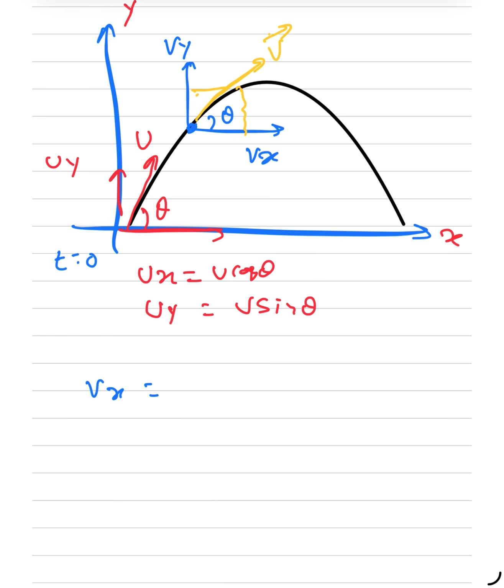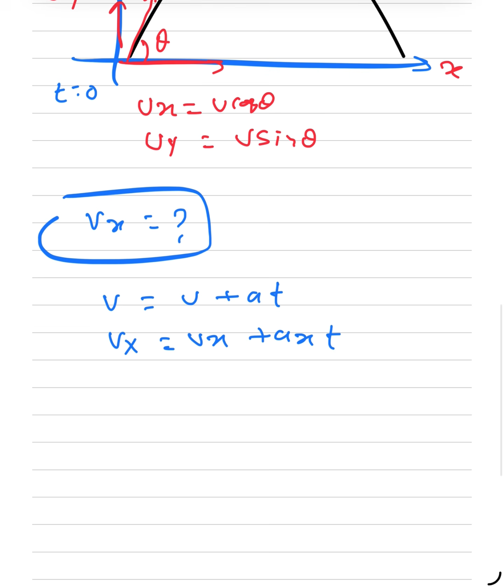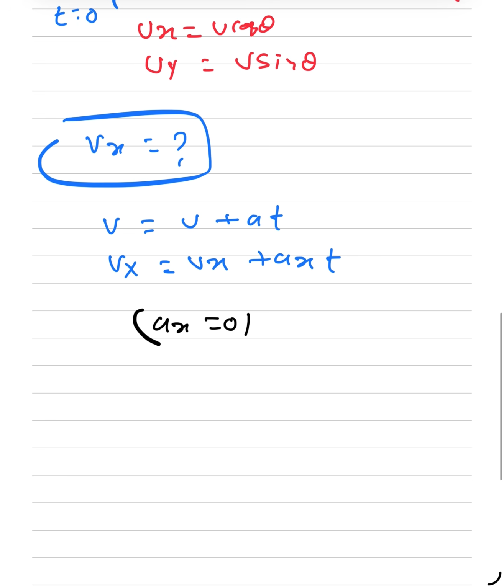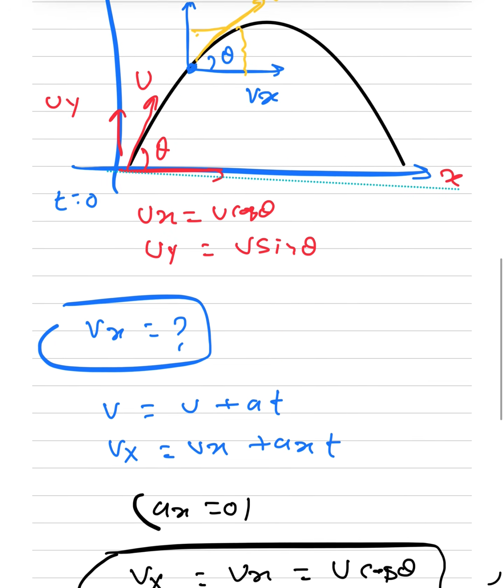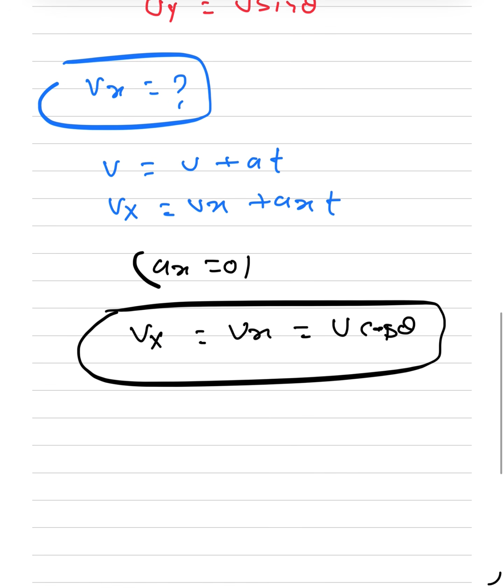Initially the horizontal component of the projectile velocity vx, using the first equation of motion v equal to u plus a t, converted along the horizontal direction, vx equal to ux plus ax multiplied by t, and from previous knowledge ax equal to 0 and vx equal to ux, that is u cos theta. This is the horizontal component of the projectile velocity after t time, right.